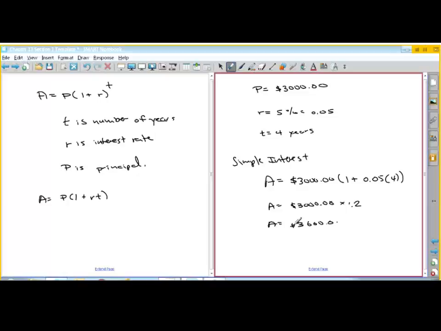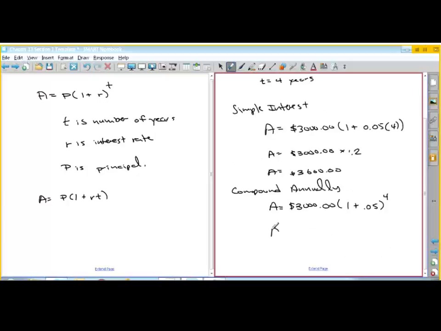Now, if you compound annually, that means after 1 year we take that interest for the 1 year and we put that in with our principal. The equation is that the amount after so many years is equal to the principal times 1 plus the interest rate in decimal form raised to the 4th power. So let's see what that number is. It should be bigger.